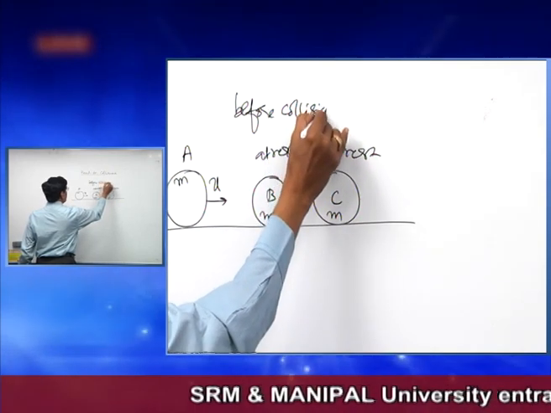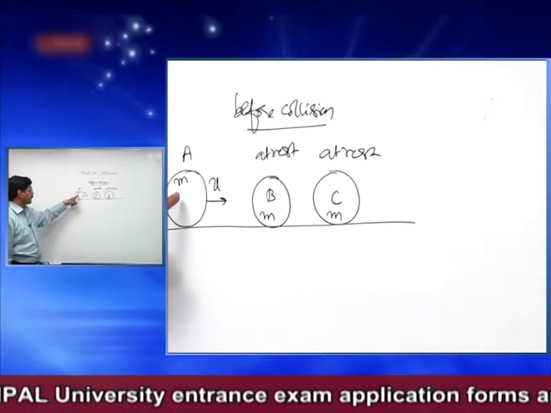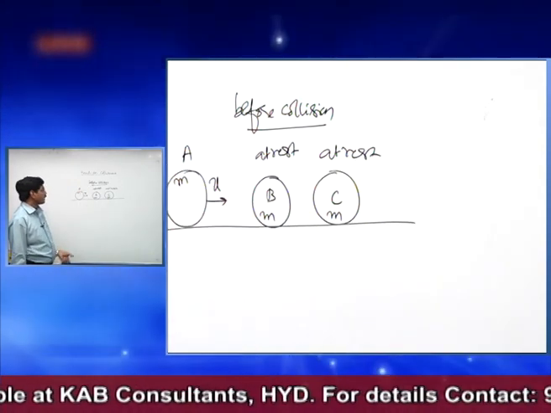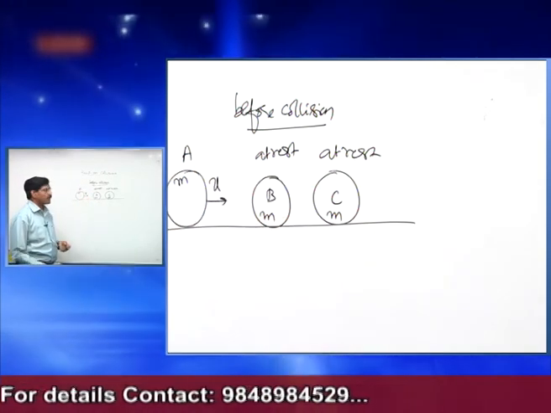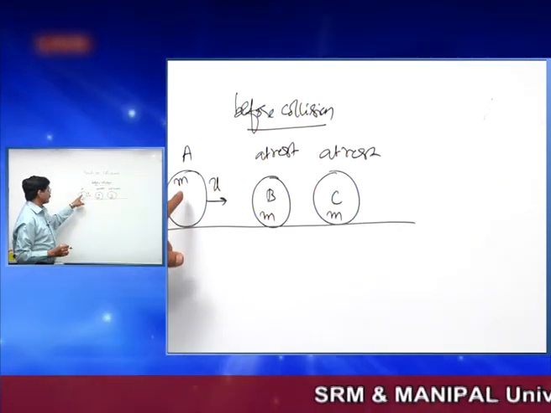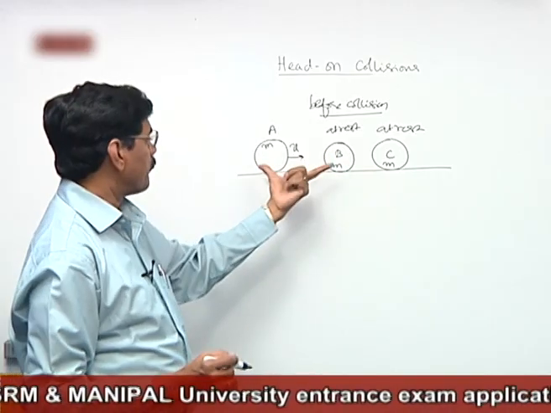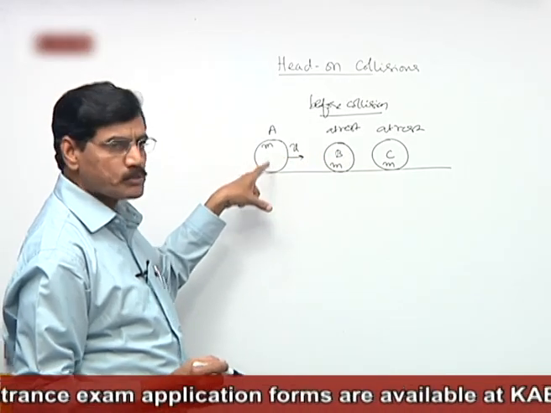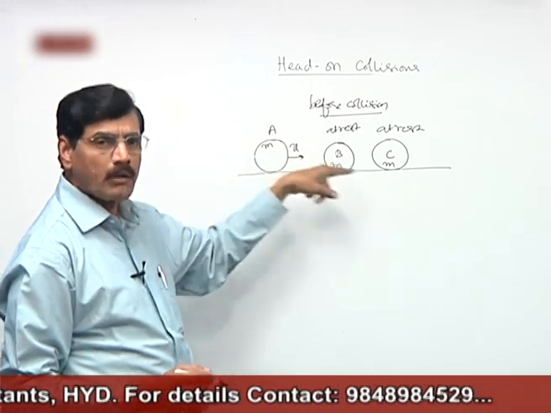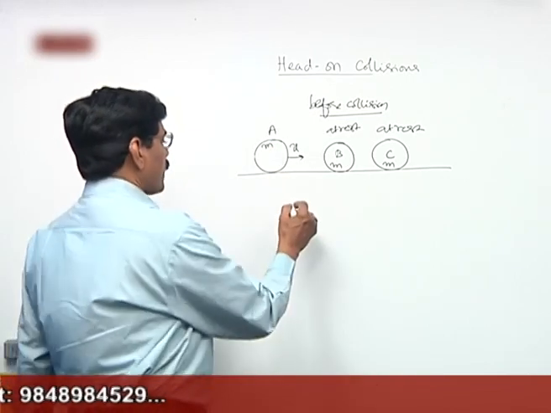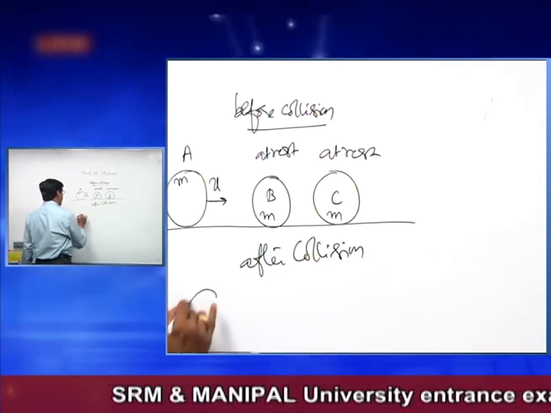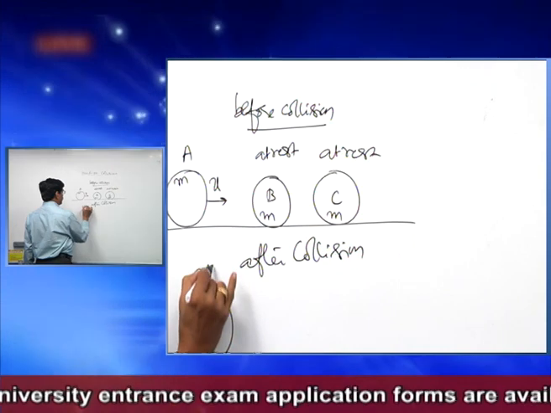Means A is moving with a velocity u towards B, and B and C both are at rest before collision. Now, how do we decide what is going to be the velocity of these bodies after collision? First, we can consider that A is going to collide with B. When A collides with B, A comes to rest because these two are identical bodies and the collision is elastic, head-on. Thereby, after collision, A comes to rest.